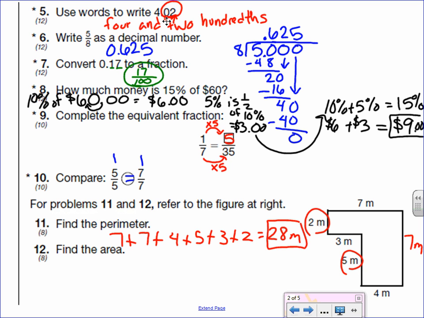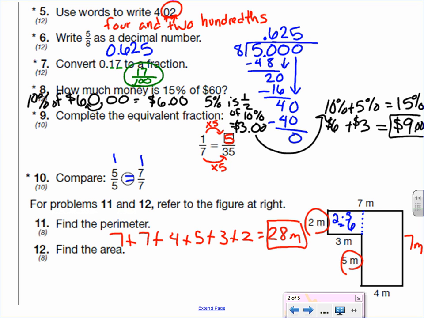Then we're going to find the area. And for the area, we need to break it into 2 different rectangles. The easiest one is this one, since we have both sides. This area is going to be 2 times 3, which is 6.